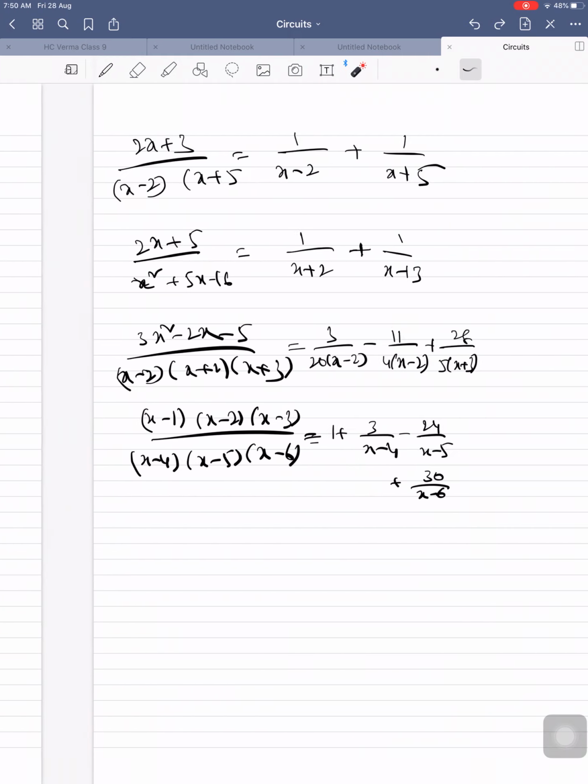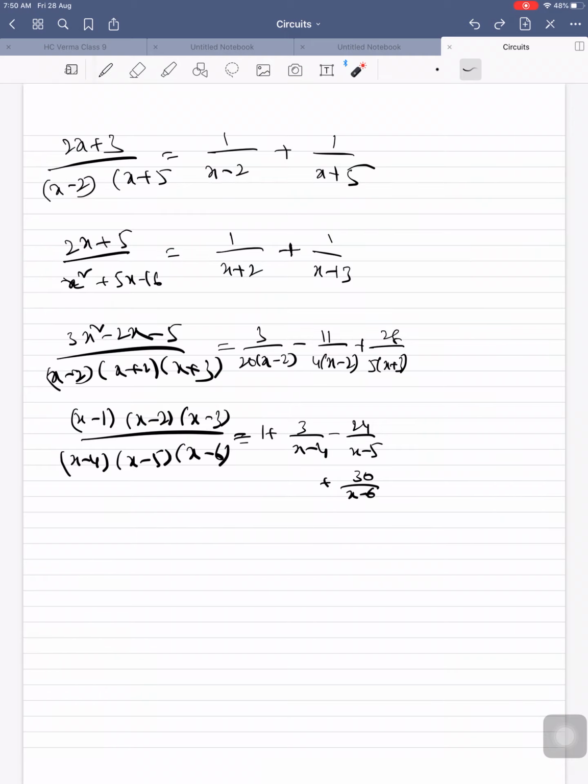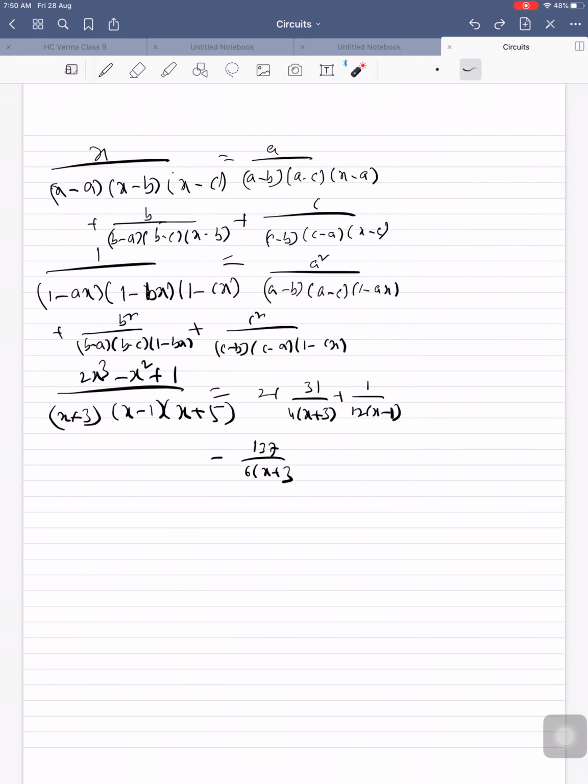Okay. 2x plus 3 by x minus 2 x minus 5. That's it. Try to do this. This one also. I think everybody can do this.